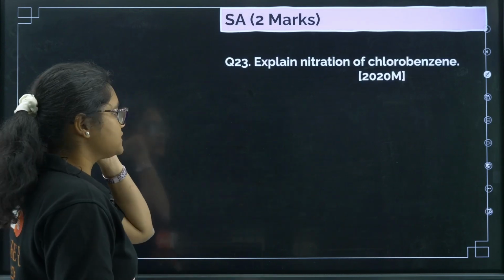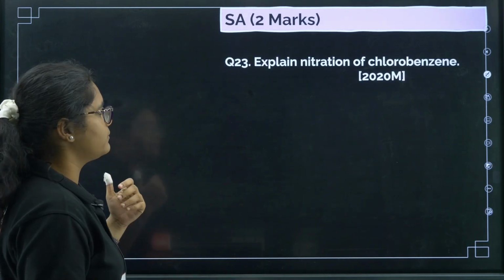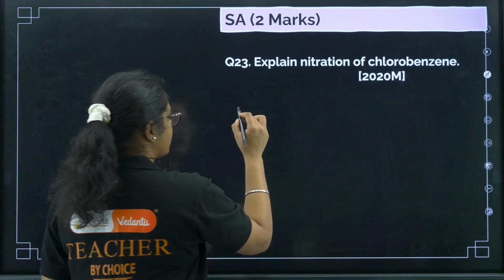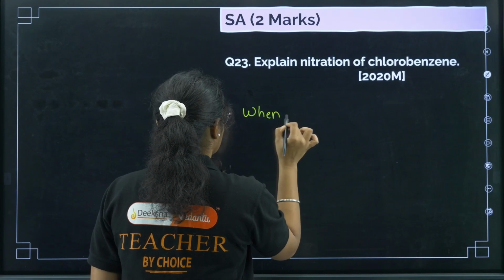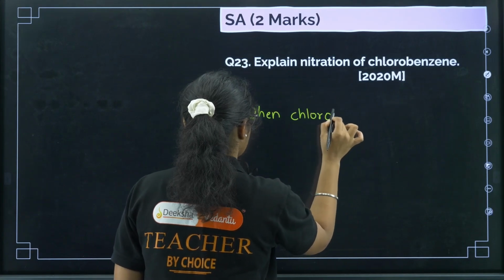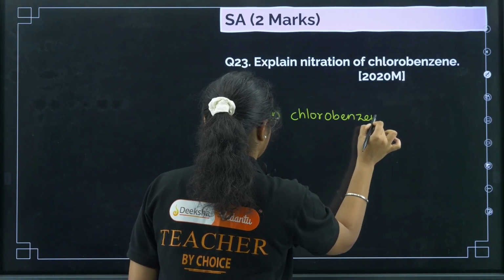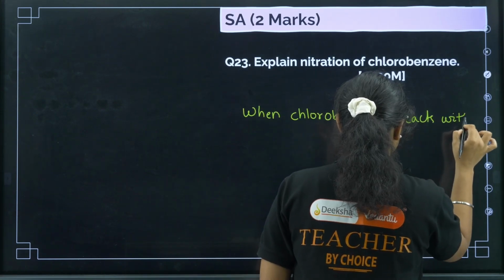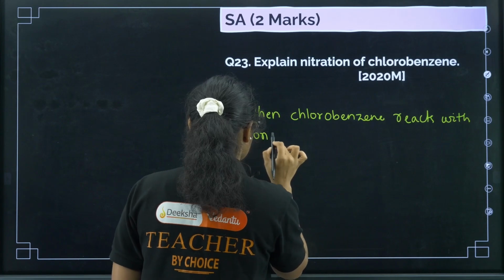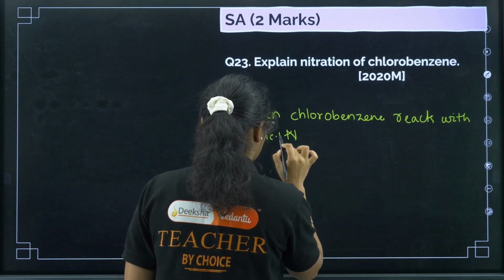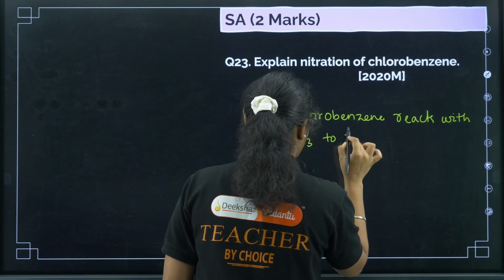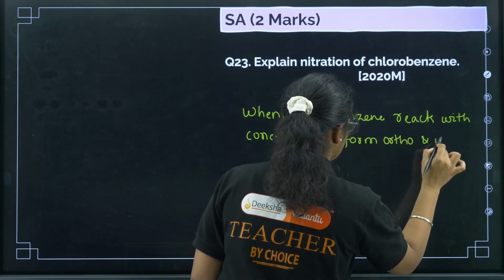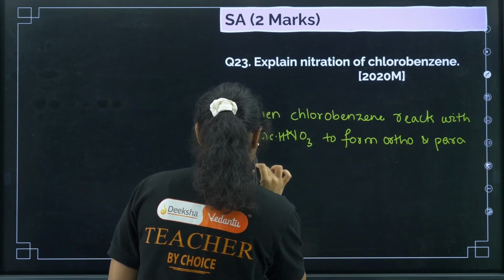Next, question number 23, explain the nitration of chlorobenzene. Here I will tell you how to write the answer and I will give you similar questions. You can write: chlorobenzene reacts with concentrated HNO3, or concentrated nitric acid, to form ortho and para nitro products.